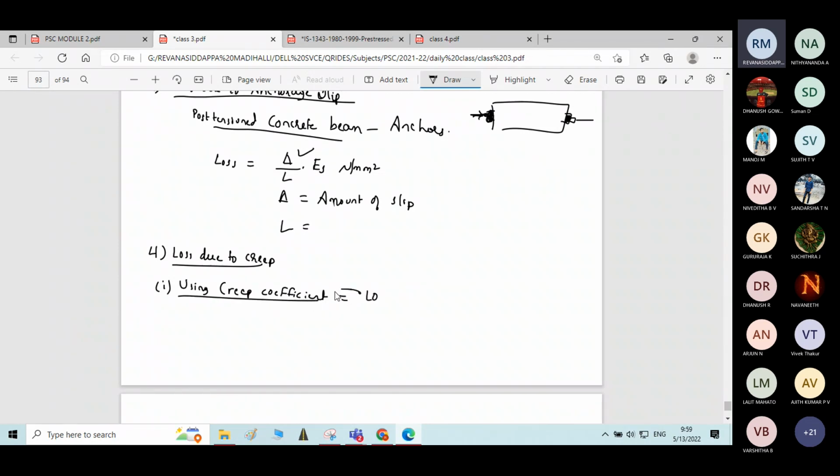The loss is calculated as phi into fc into m, where phi is the creep coefficient, fc is the stress in the concrete at the level of steel, and m is the modular ratio.